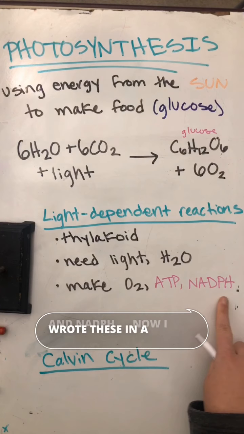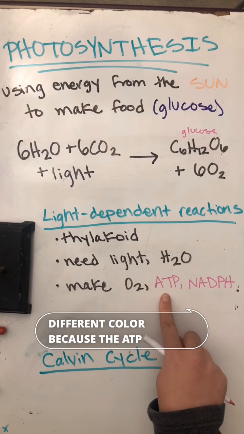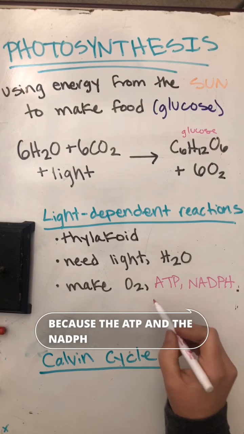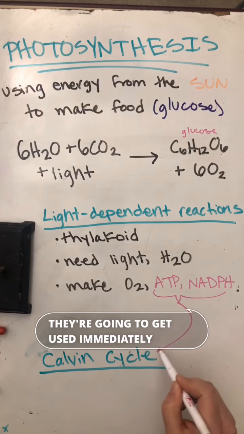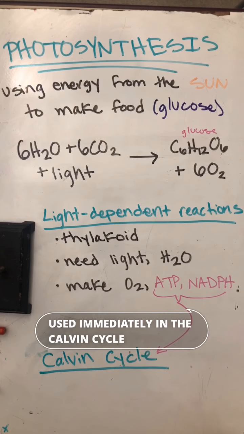Now I wrote these in a different color because the ATP and the NADPH, the reason we made these is because they're going to get used immediately in the Calvin cycle.